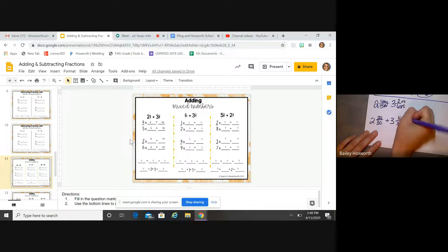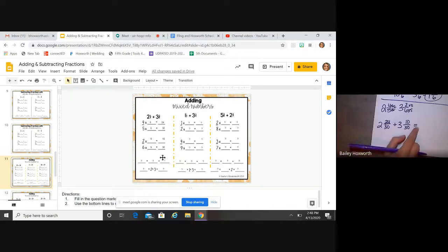So I've rewritten my fractions, and I have 2 and 24/30ths plus 3 and 10/30ths equals my answer. So let's look.